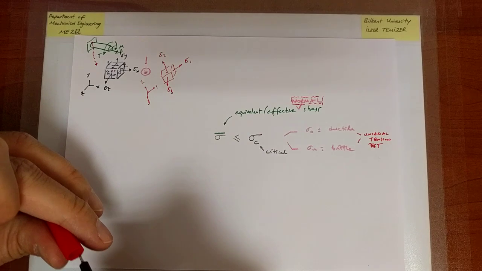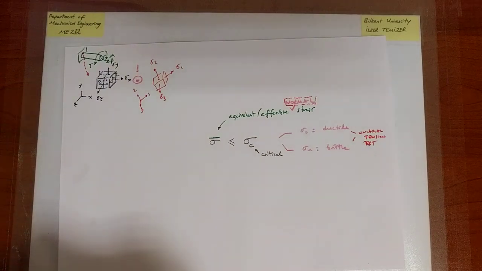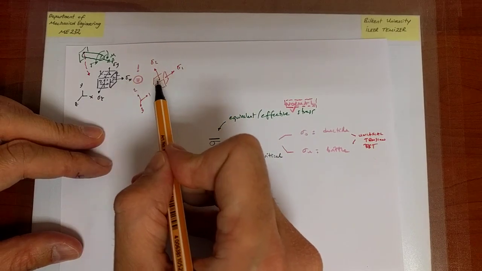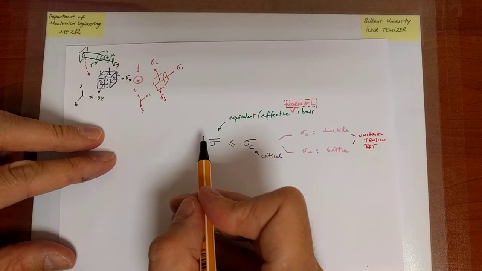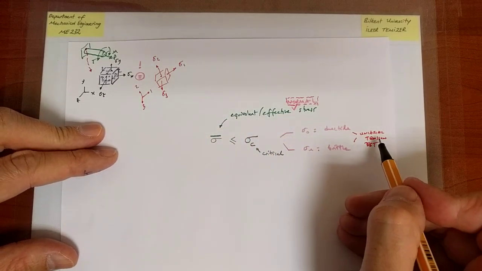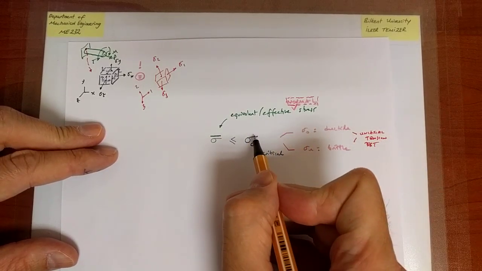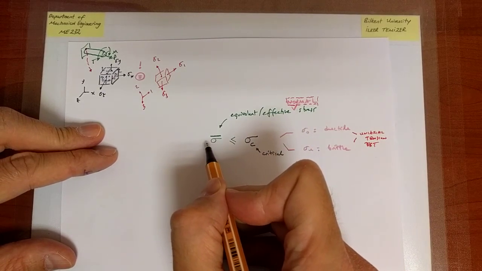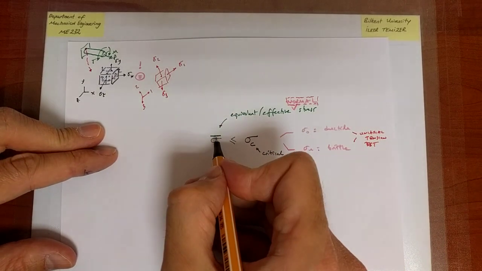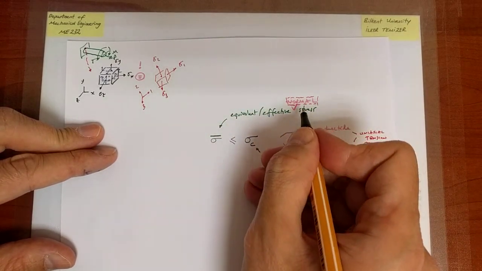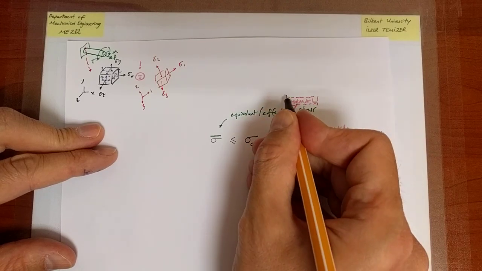Okay, so therefore the idea is, I have a state of multiaxial stress and I'm representing it in the principal picture, and I know from a normal uniaxial state of stress, a tension test, what the critical value that I can apply is. But if I have a multiaxial state of stress, what do I do? Well, you convert your state of stress to an equivalent or effective uniaxial normal loading state.